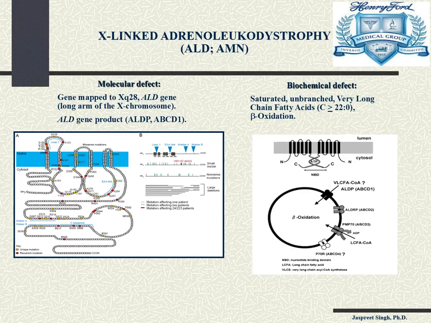This results in accumulation of very long chain fatty acids in the body fluids and tissues, including the CNS. So although it is a single enzyme deficiency, and it looks like just the accumulation of very long chain fatty acids, the disease gets much more complicated from here.